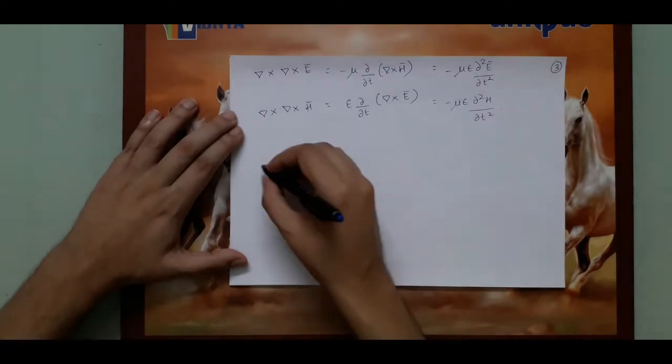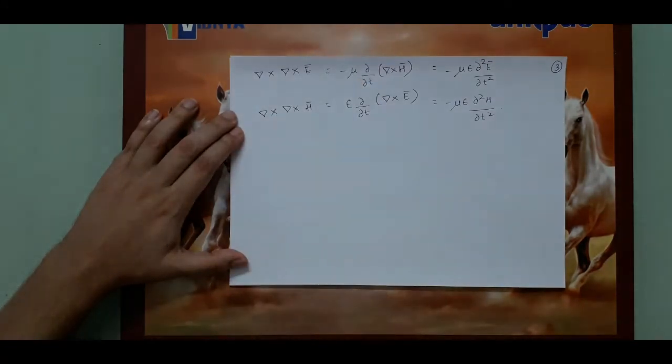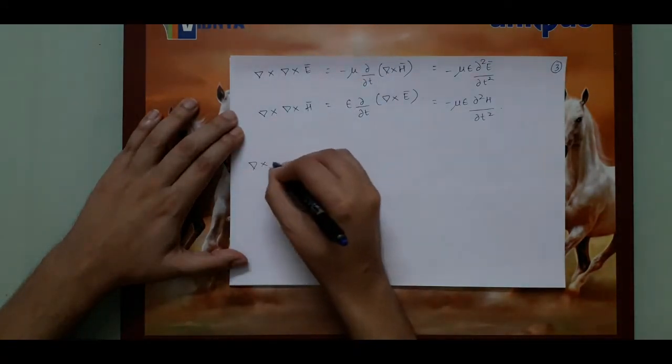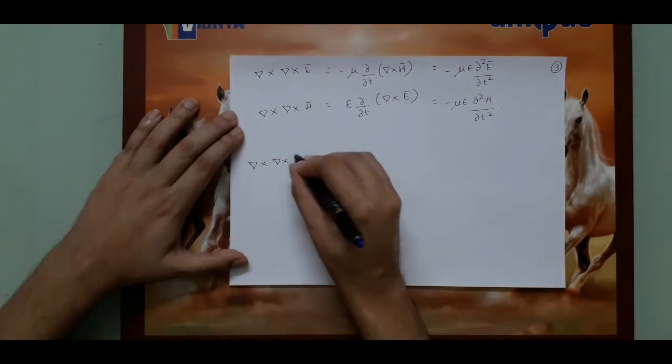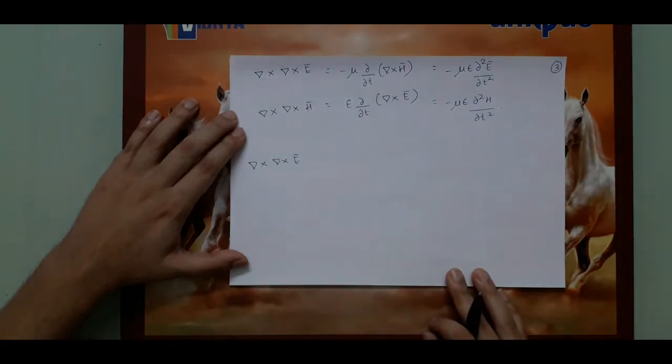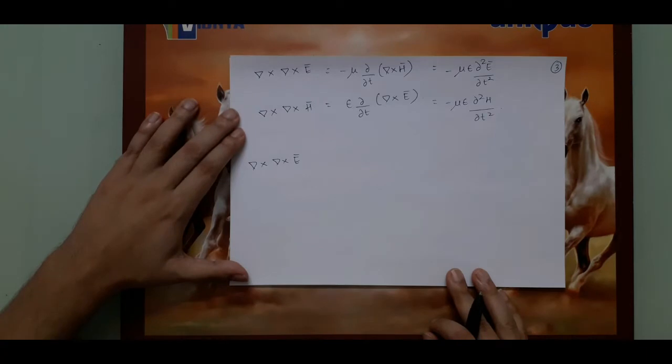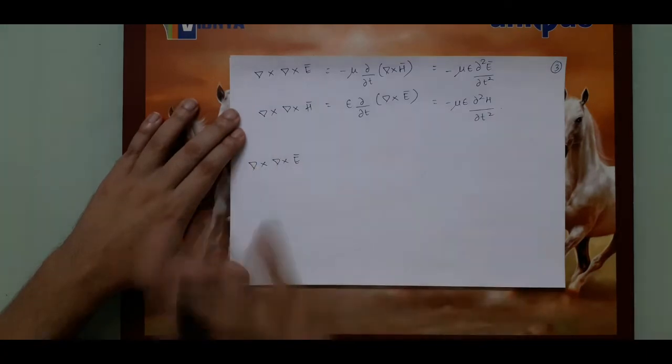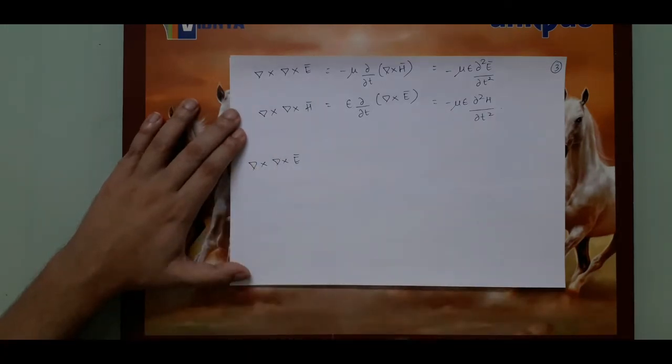Now let us consider the first equation, the curl of E. Now this is slightly long to evaluate, so I shall give you the result directly, which you can prove using vector calculus very easily.